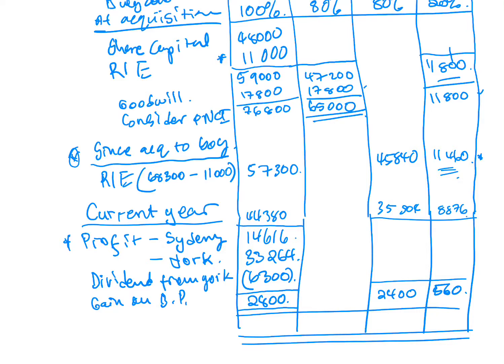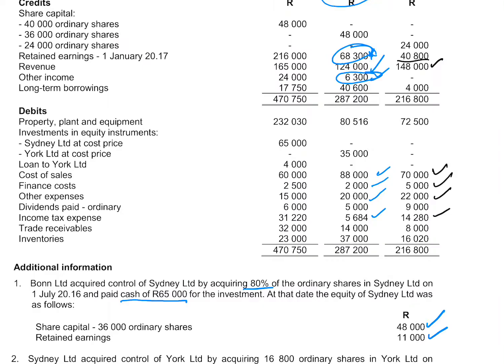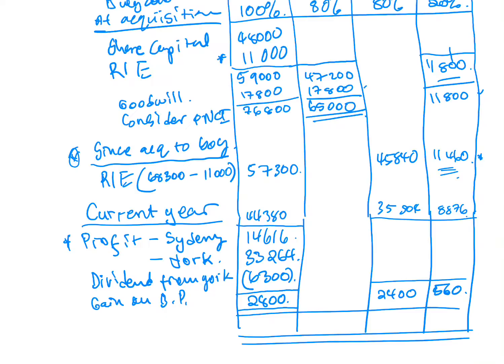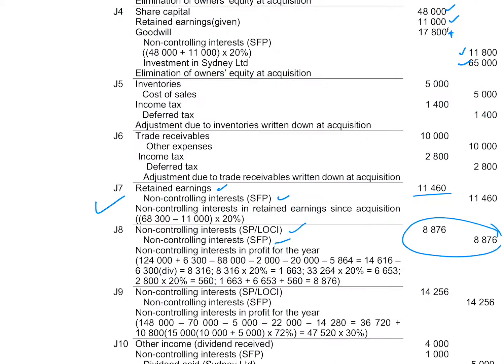I hope you can follow. Right, so we are going to debit NCI. Are we together? So it will be NCI in the profit or loss account and NCI in the statement of financial position. That is that 8876.